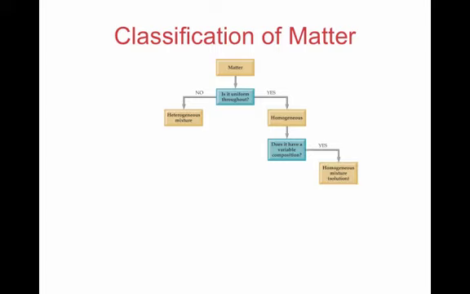If it does have a variable composition, meaning that it is not made of the same molecules, then it is a homogeneous mixture, or again a mixture that is uniform throughout, but it might be made of different things. The best example of that is the air in a room.